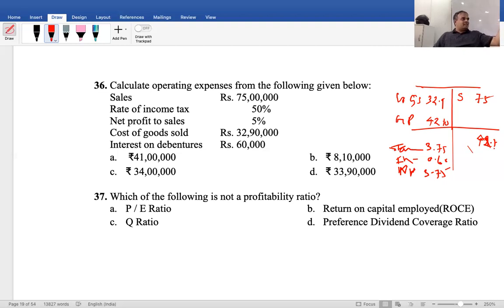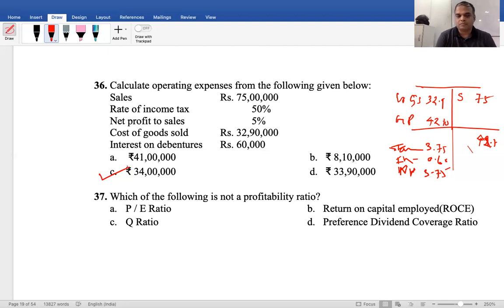Interest is finance expense. Remove that, balance equal to what? How much comes? 34 lakhs. Understood?